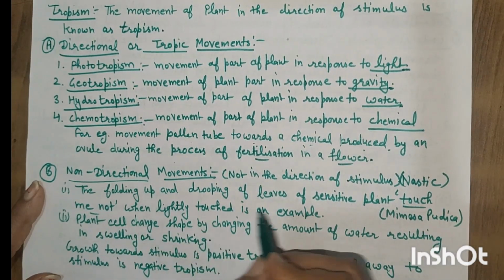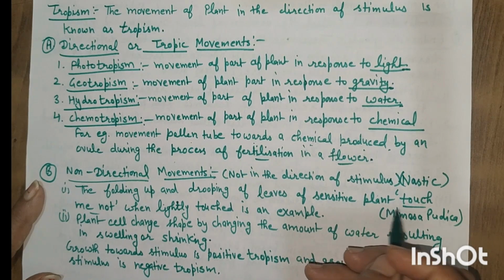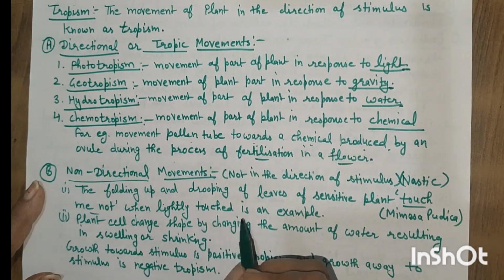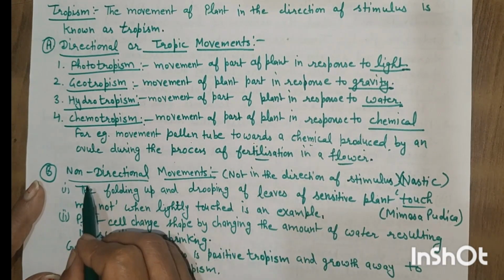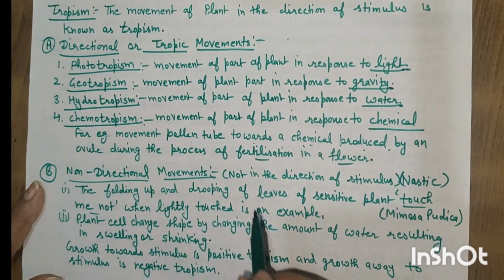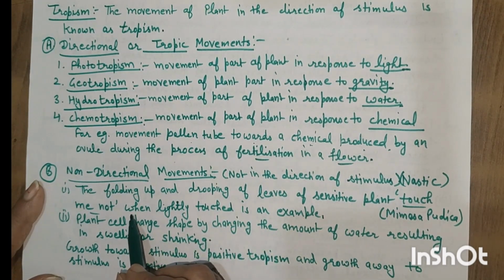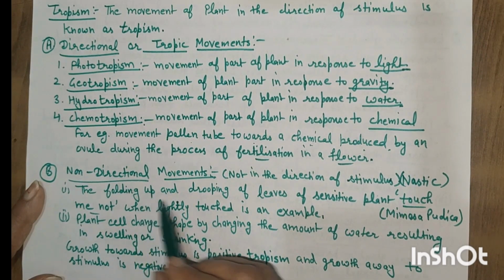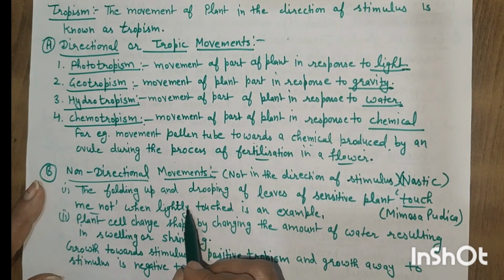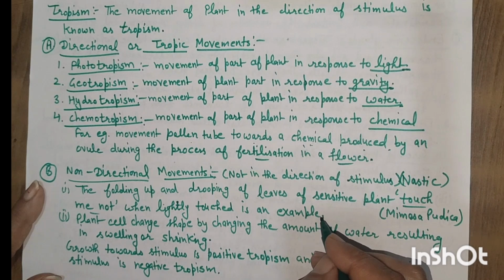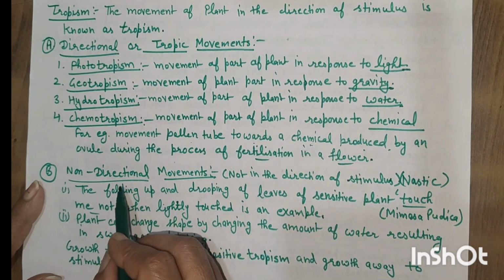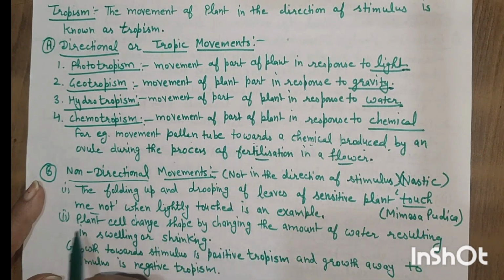The folding up and drooping of the leaves of the sensitive plant touch me not when lightly touched is an example of non-directional movement. When we touch the touch me not plant, the leaves fold up and droop, not in the direction of the hand but in any direction, downward or upward. That is called non-directional movement.